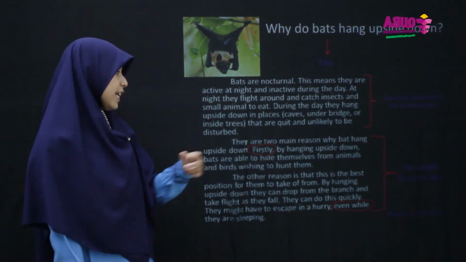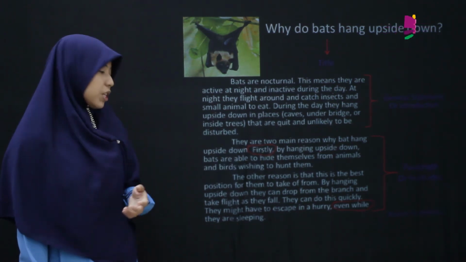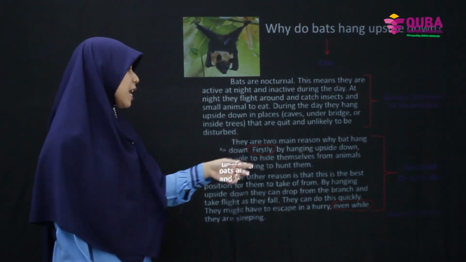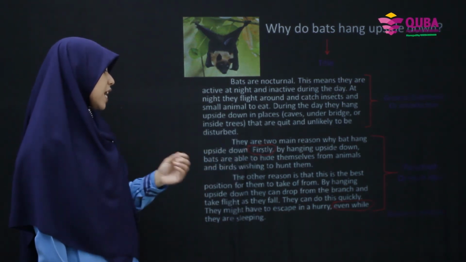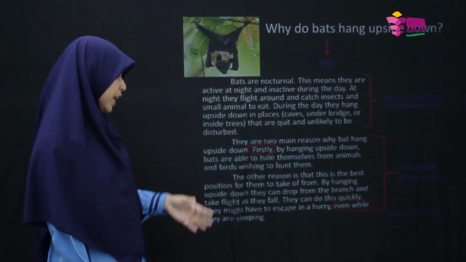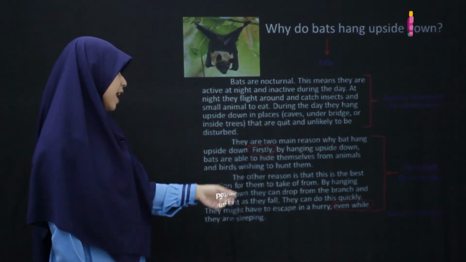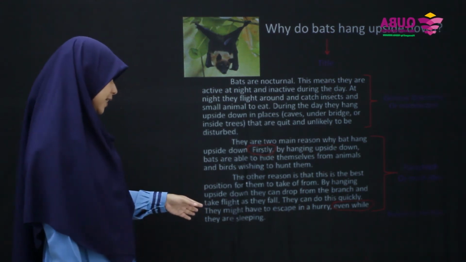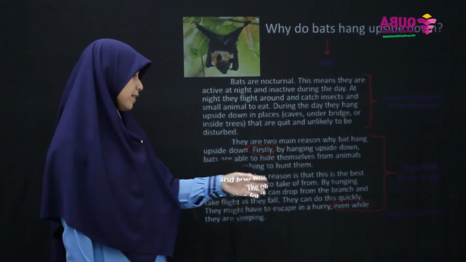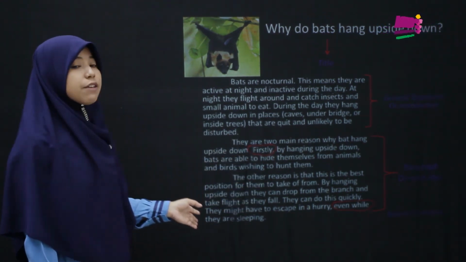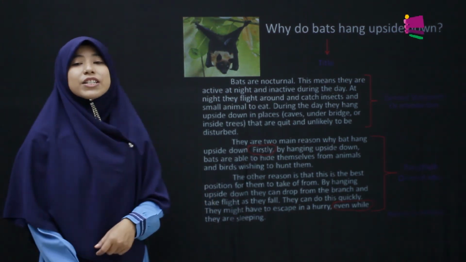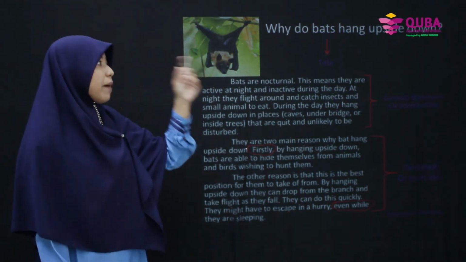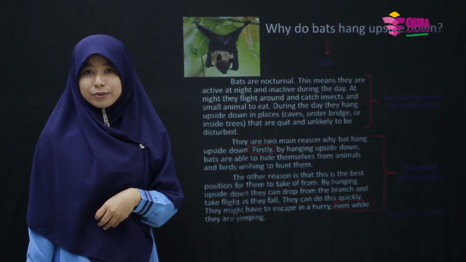The other reason is that this is the best position for them to take off from. By hanging upside down, they can drop from the branch and take flight as they fall. They can do this quickly. They might have to escape in a hurry even while they are sleeping. Okay, that's the reason why bats hang upside down.